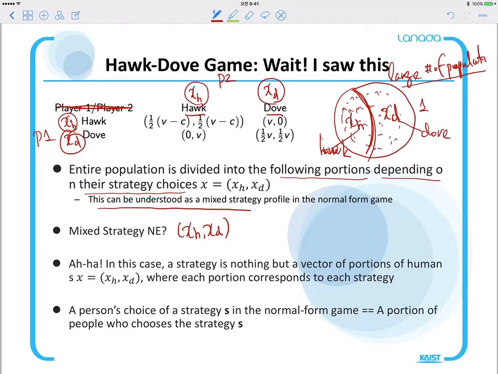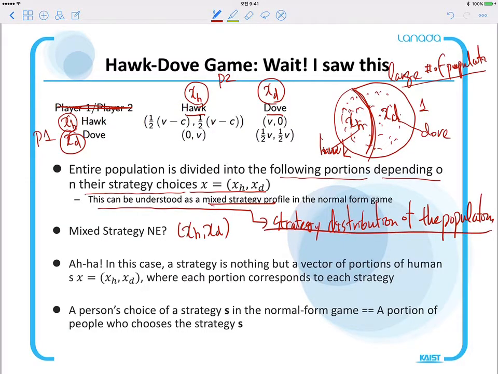But I have a different interpretation about what's happening to the animals and life in society. So the mixed strategy choice xh and xd can be regarded as the strategy distribution of the population.